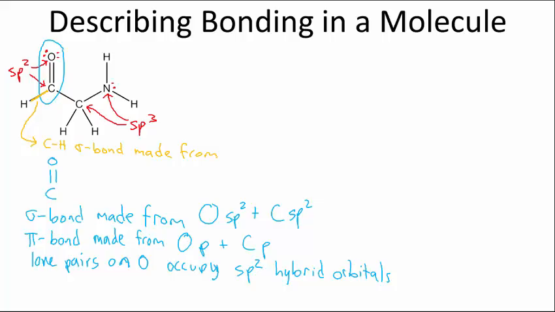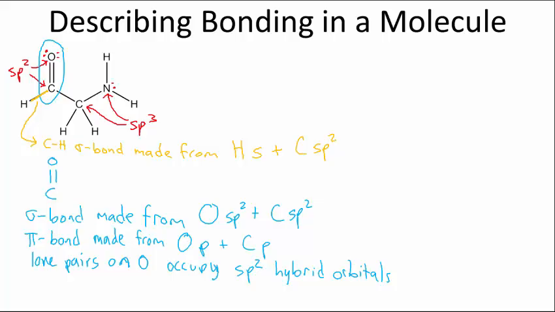An s orbital from which atom? The hydrogen. Hydrogen only has an s orbital. So with hydrogen, the bonding is always boring. It's just one bond made from the s orbital. So this comes from the hydrogen s orbital and the carbon sp2, because that carbon is sp2 hybridized.